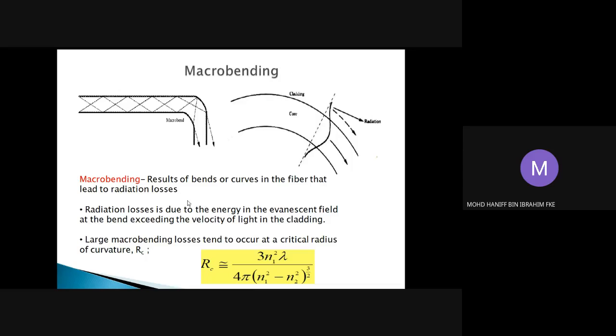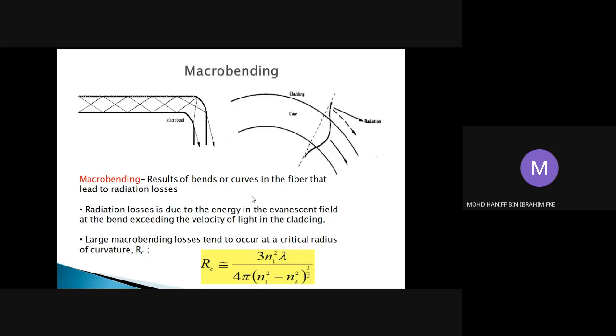Okay, so this is how macrobending incurs losses to the fiber optics. I put here that macrobending is the result of bends or curves in the fiber that give radiation losses. These are the exact words to be used: radiation loss. The guiding mode is leaked to the radiation mode due to the energy in the evanescent field at the bend that exceeds the velocity of light in the cladding.